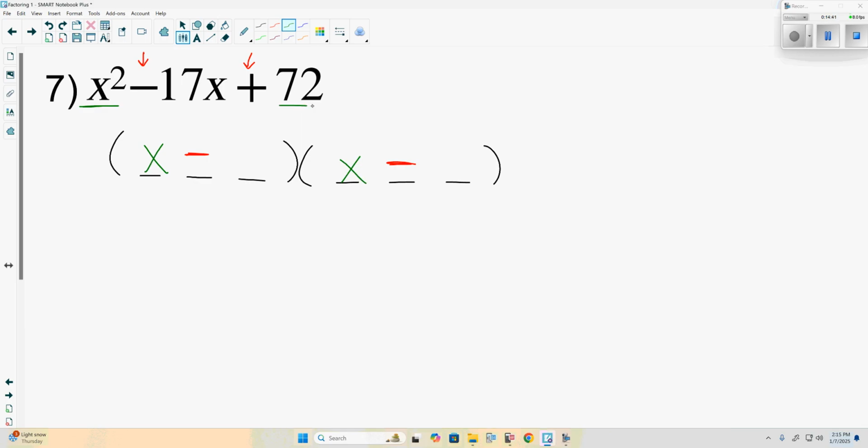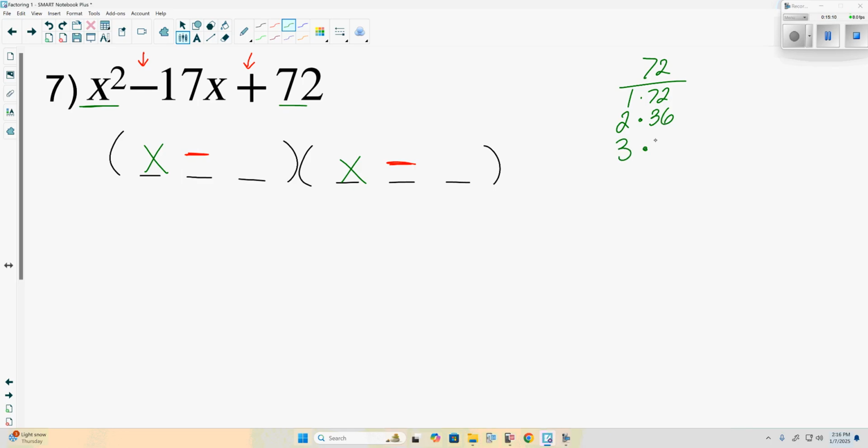Now factors of 72. 1 and 72. 2 and 36, because we know 2 works because it's even, yes? Is 3 a factor of 72? Yeah, because one way we can tell is if we add the digits and that's divisible by 3, the number itself is. 7 plus 2 is 9. 9 is divisible by 3.